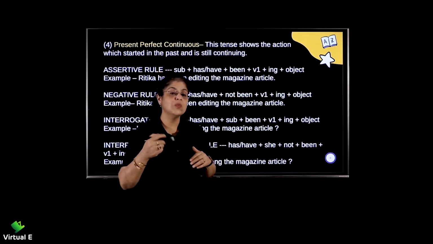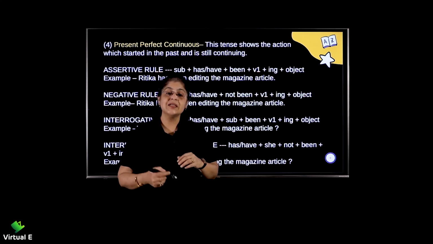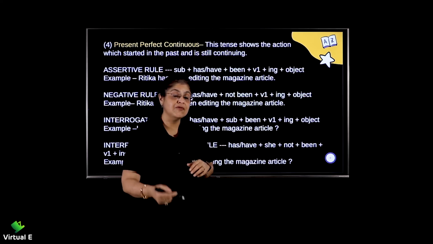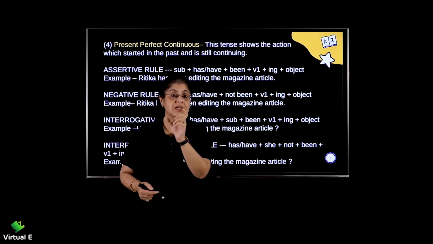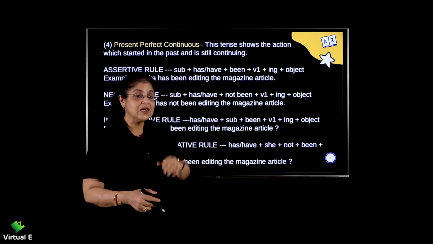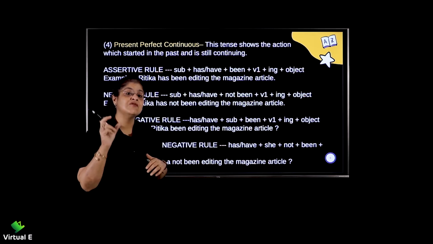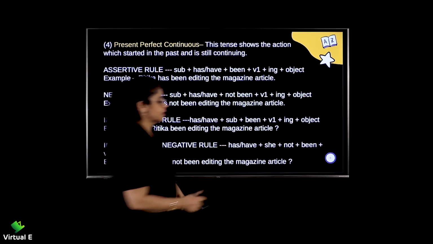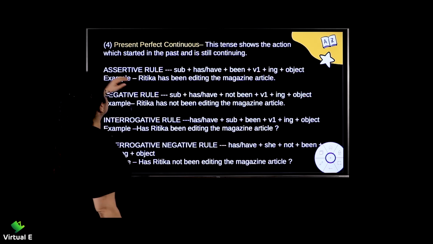So I have been waiting for you since 6 o'clock. And if I tell you, I have been waiting for you for an hour. Okay, so for is the period, how long I waited. So when it comes to present perfect continuous, your words since and for are the keywords. Now let's look at this very quickly.